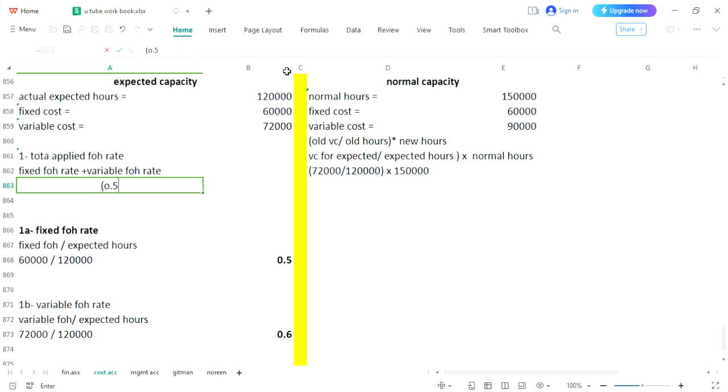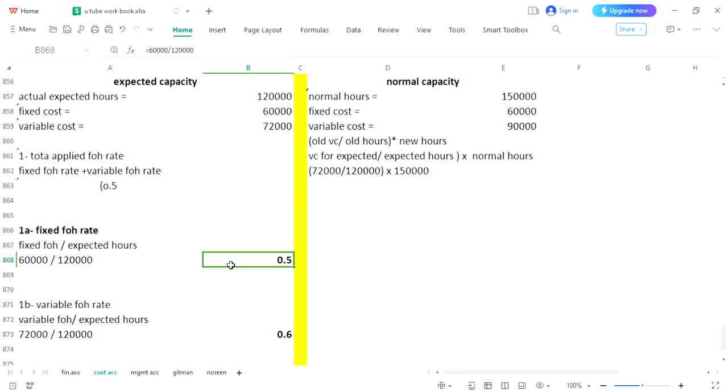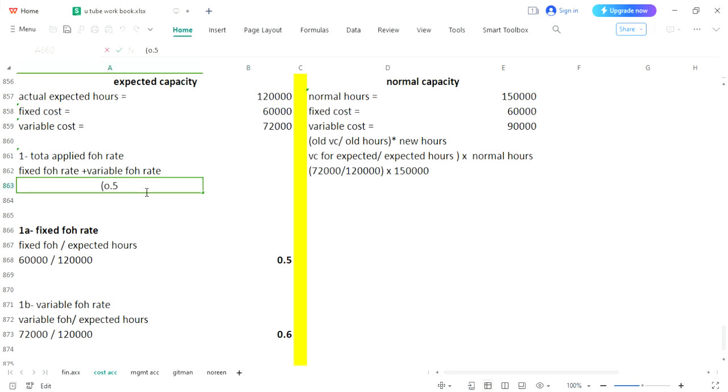Then you need to add the variable FOH rate. The variable FOH rate was calculated over here, which was 0.6. So you can add 0.6 where it is written. We need to write over here plus 0.6, bracket close. So the statement has completed.